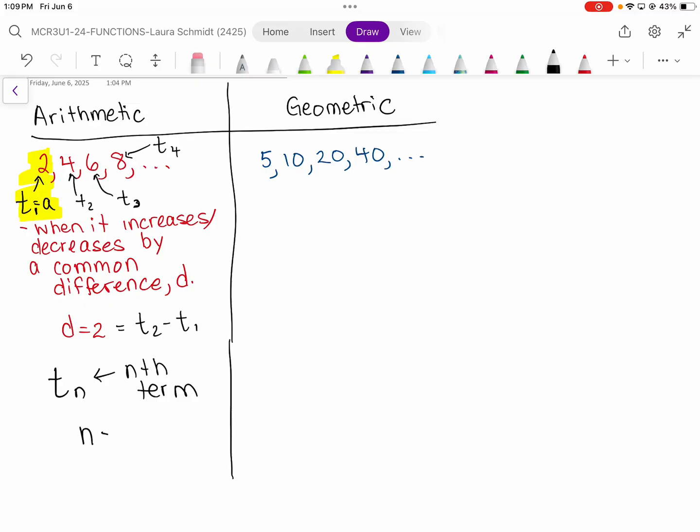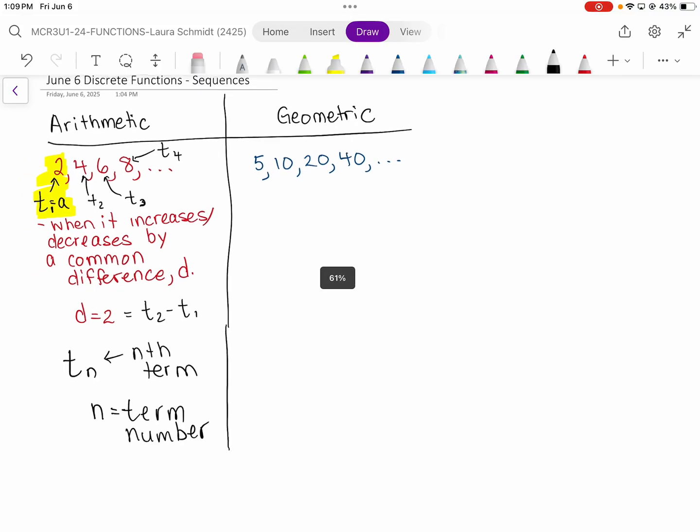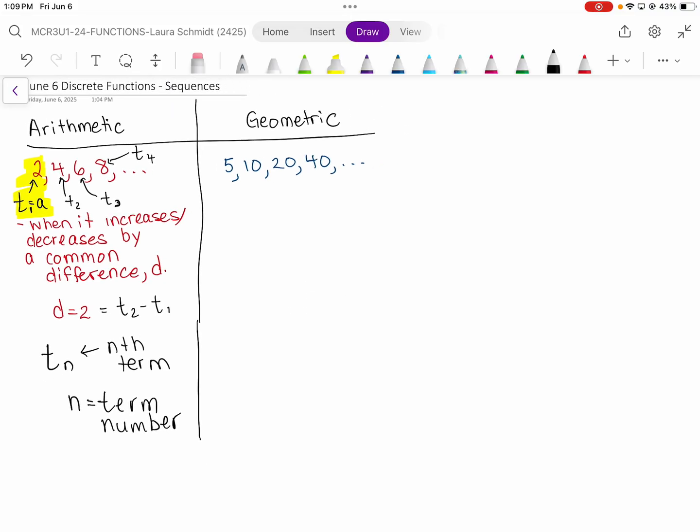And N is just the term number. So you would replace the N with a number. Like, oh, what's term 2? So N is a 2. That's just saying the second term. But if we say Tn, then that's just the general, any term.